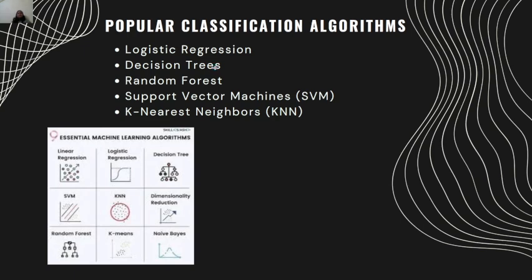They work well for both classification and regression. Next we have random forest, an ensemble of decision trees that work together to make more accurate predictions. Support vector machines, SVMs, try to find the best boundary, or hyperplane, that separates data points from different classes. Then we have KNN, k-nearest neighbor. This algorithm predicts the class of a data point based on the majority class of its nearest neighbors.